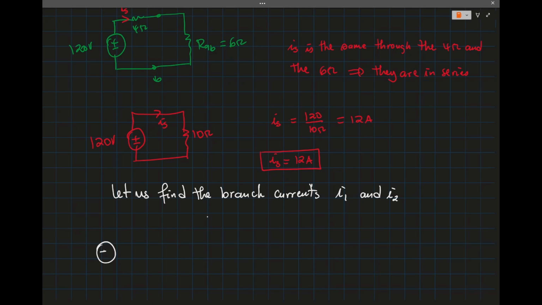So this is our network, 120 volts. Okay, have 4 ohms, have A and B here, and we know RAB.